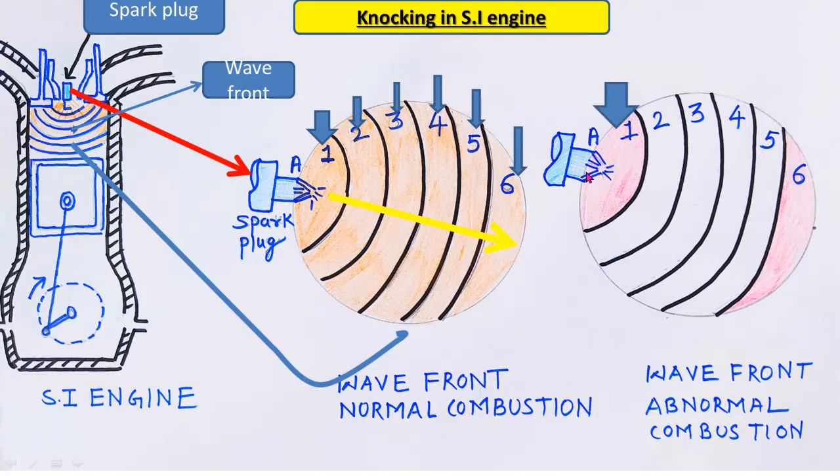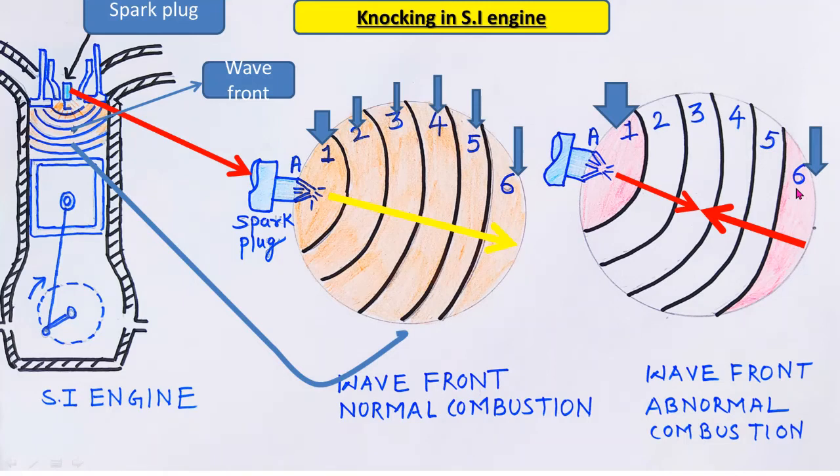Because of the heat produced by the burning of layer 1, before the ignition of any of layers 2, 3, 4 and 5, if layer 6 of the fuel is ignited, then because of the heat and pressure produced by layer 6, a second wave of combustion will start and travel in the opposite direction to the initial wave, as shown here in the figure.